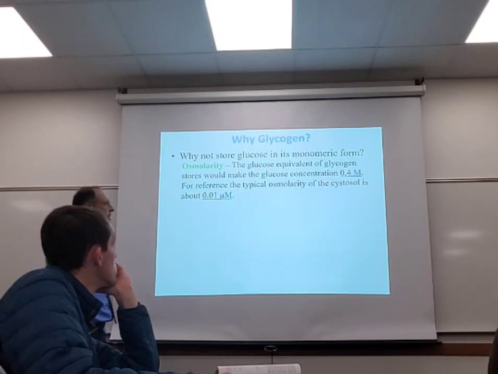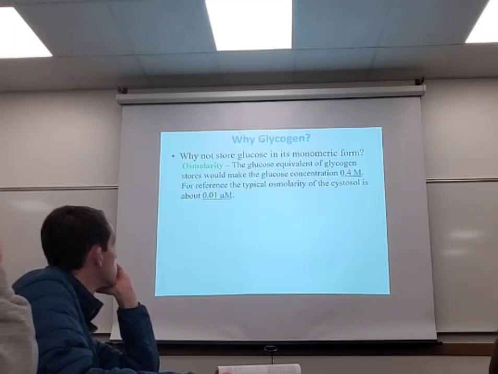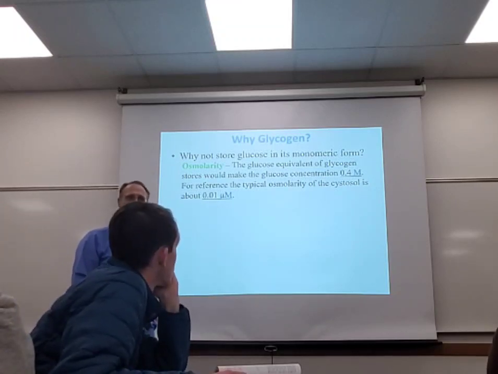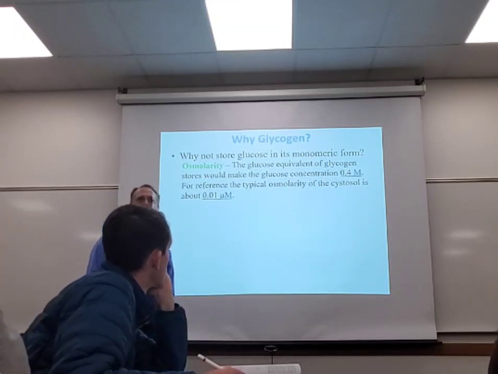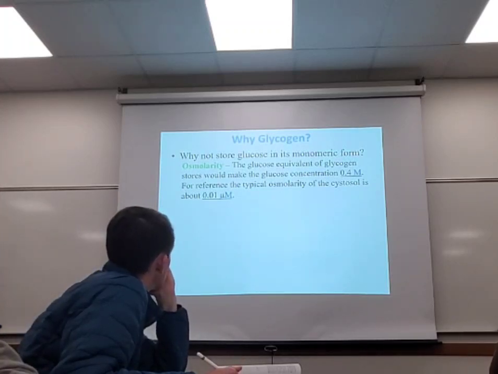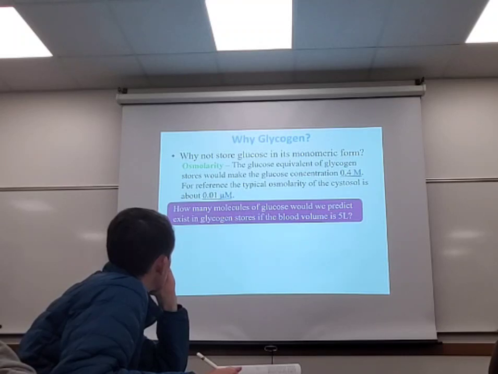For reference, the typical osmolarity of a cytosol is about 0.01 micromolar. What would happen? Chaos. It would destroy your cells. Talk about osmotic difference, right? That would be a massive mistake.